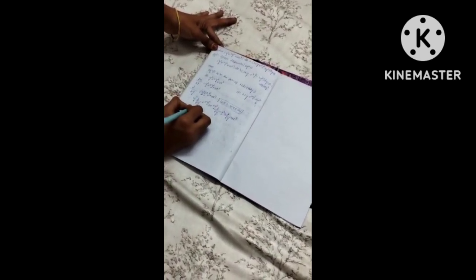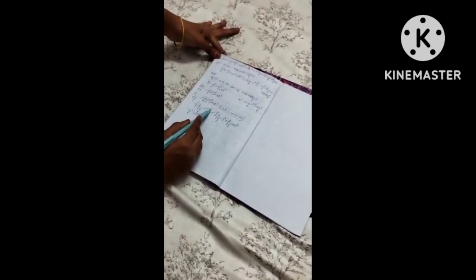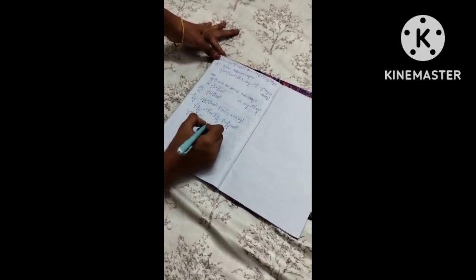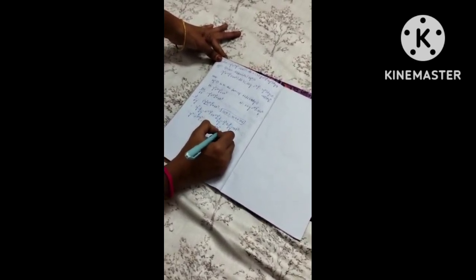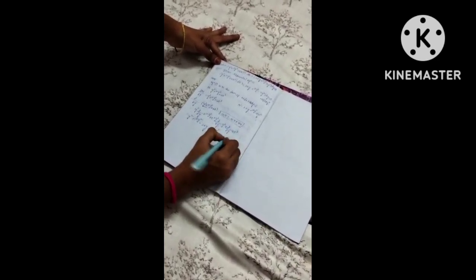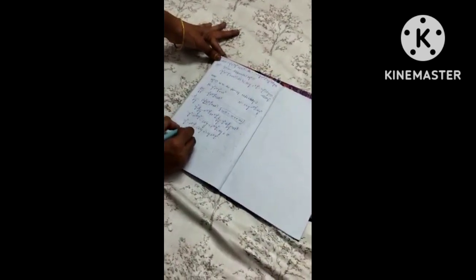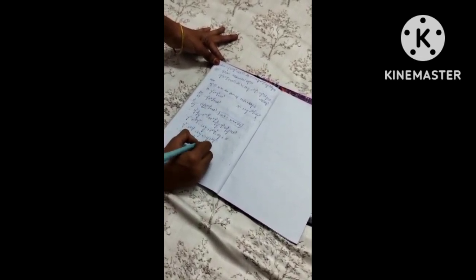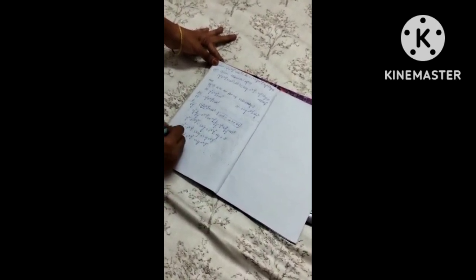Y square into e power of xy square, and the derivative of xy square with respect to y is 2xy, plus e power of xy square into 2y, plus 4x cube is a constant, so its value is 0. That gives 2xy cube e power of xy square plus 2y e power of xy square. Then we get the dou M by dou y value here.